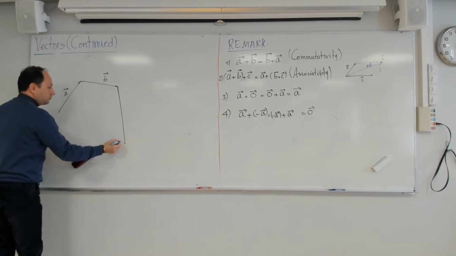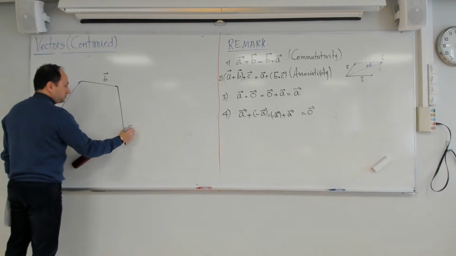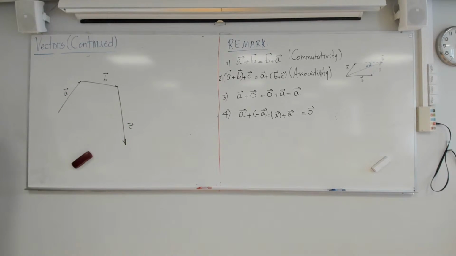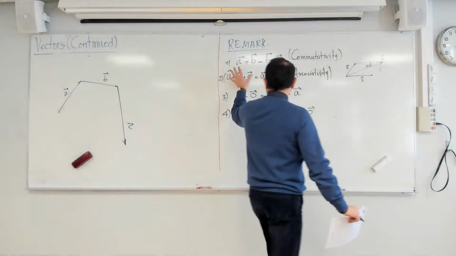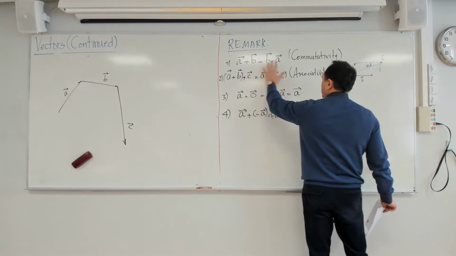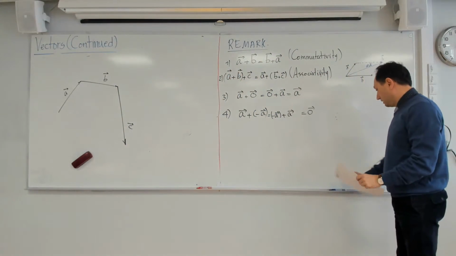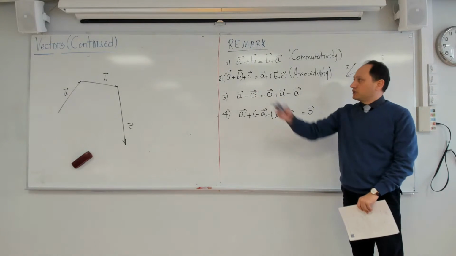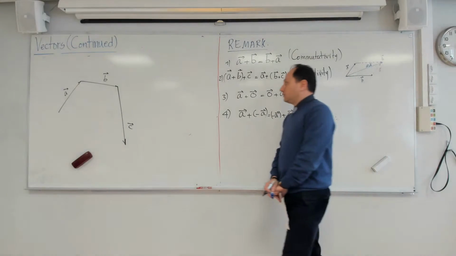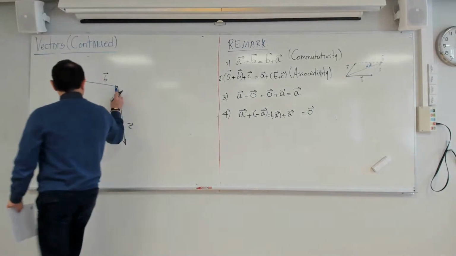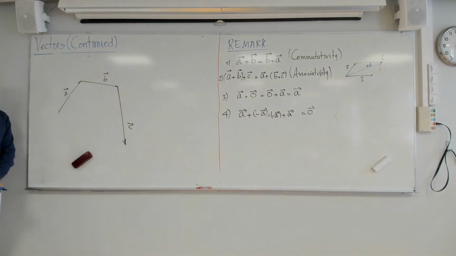Let me draw another vector C from here. Okay, so assume that I have three vectors. I want to motivate by drawing this picture so that the left-hand side is equal to the right-hand side. I have intentionally drawn them in a standard way. One of them starts from the tip of the other.